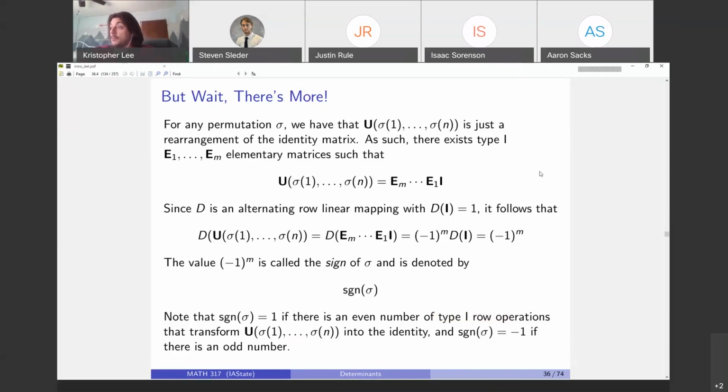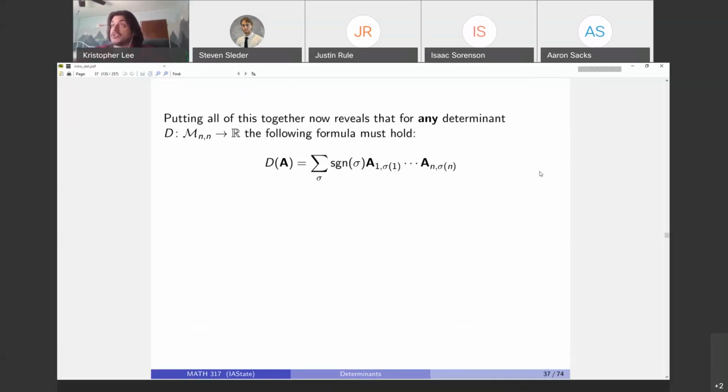But anyway, equipped with all of this knowledge, we arrive at what's called the permutation formula for a determinant. Specifically, we now know that for any determinant, its output is always just: go down the rows, select elements, add them all up, and then throw in appropriate pluses and minuses. Note this is a linear combination of the row linear mappings that we first discussed. As we've now verified, this is the only formula that you could ever have for a determinant.